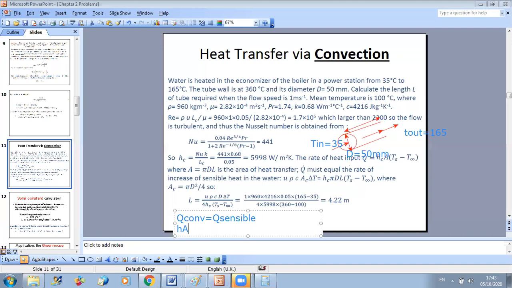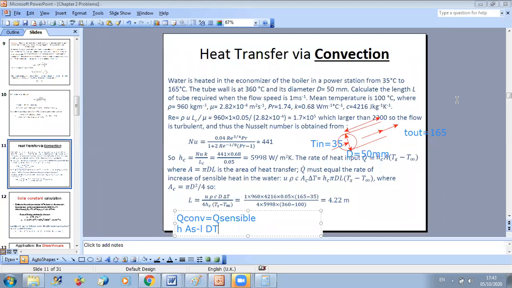I will call it A_SL, which is the interface between fluid and my surface, times delta T. Now, which delta T should I use here? When I say delta T, it's what? It's T water out minus T water in. This is the delta T I want.